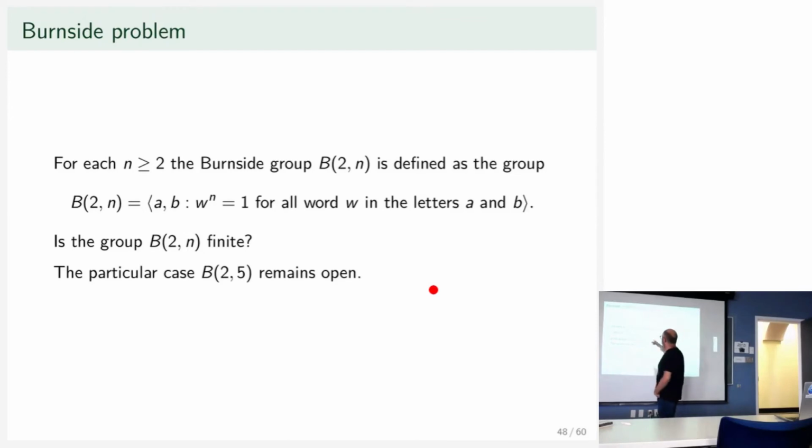The relations are that every word that you can make with A and B to the n will be trivial. Okay? And the question, a very old question stated by Burnside, more than 100 years ago, is whether this group is finite or not.